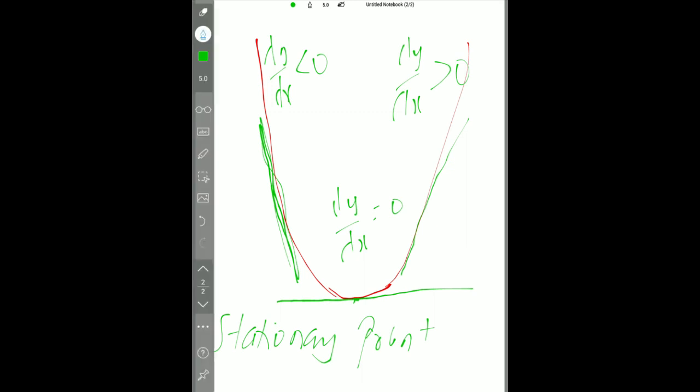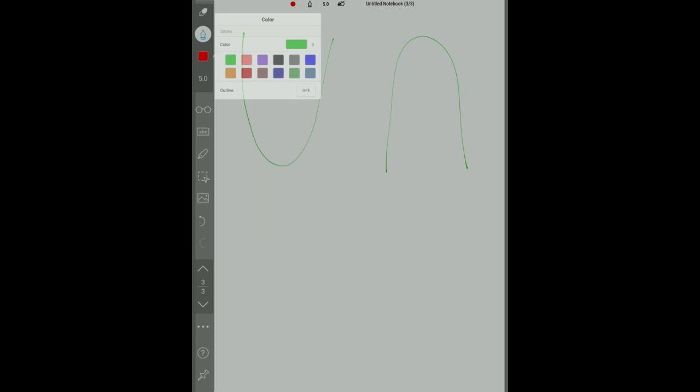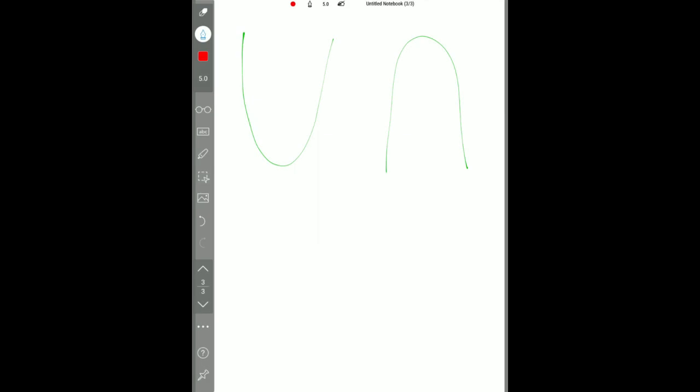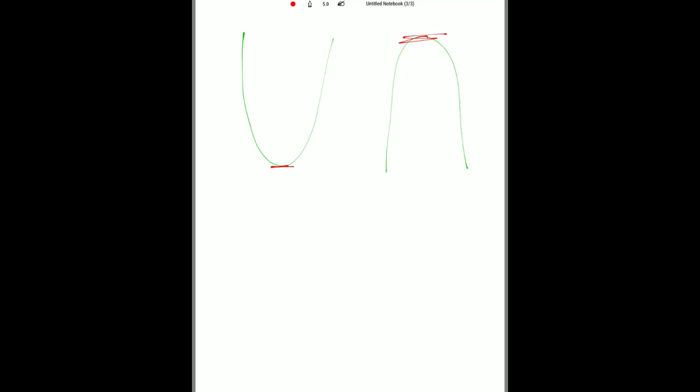But before we do, let's look at the fact that there are actually two types of stationary points. And let's change the color. We could either have a stationary point at the lowest point on the curve or the highest point on the curve. The fact is, though, there's a limitation of the first derivative. The first derivative tells us that for an x value, this is a stationary point. At this point, the first derivative is equal to 0.